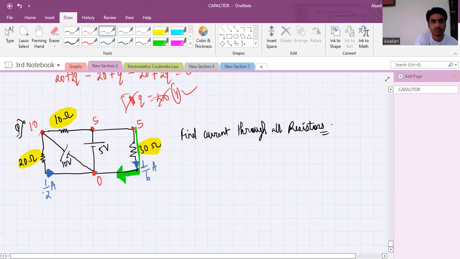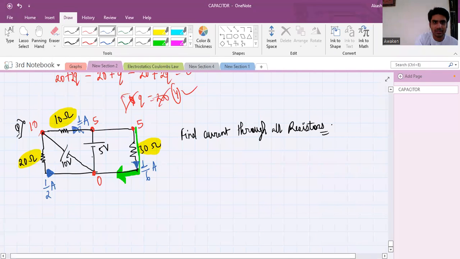Again 1/2 ampere, direction towards 0 volt, so right. Sir, did you understand well? Yes, sir.